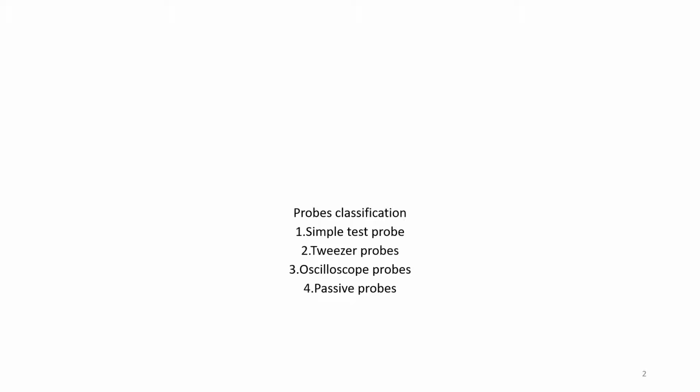Passive scope probes contain no active electronic parts such as transistors, so they require no external power. Because of the high frequencies often involved, oscilloscopes do not normally use simple wires to connect to the device under test.